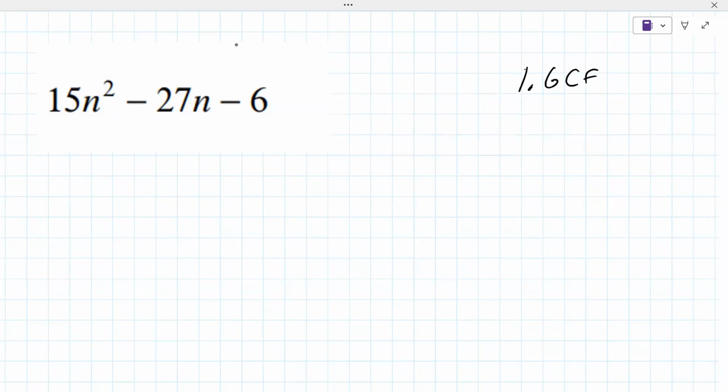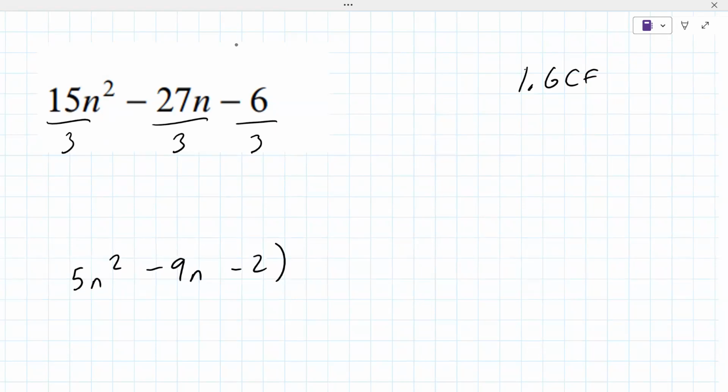So in this case, you can divide each of these by 3, 5n squared minus 9n minus 2. Now the part inside here is like the last problem we did, but notice it's a lot better to multiply 5 times negative 2 than 15 times negative 6. So you should always look out for a GCF before you start.